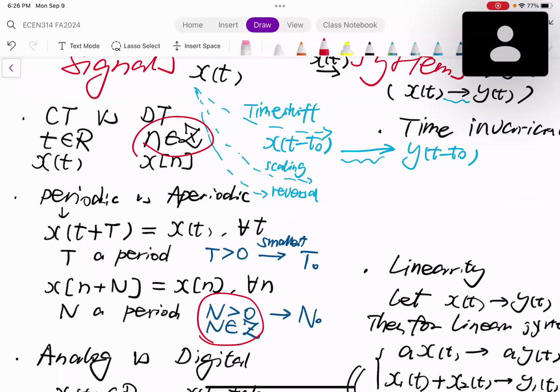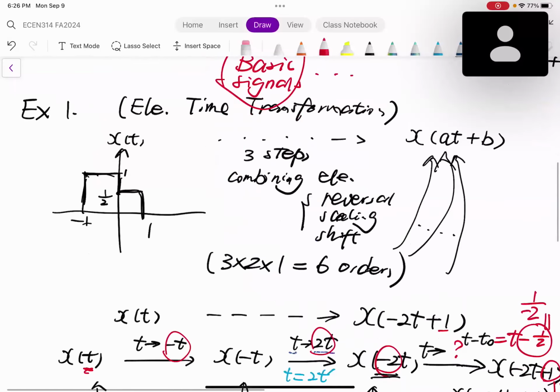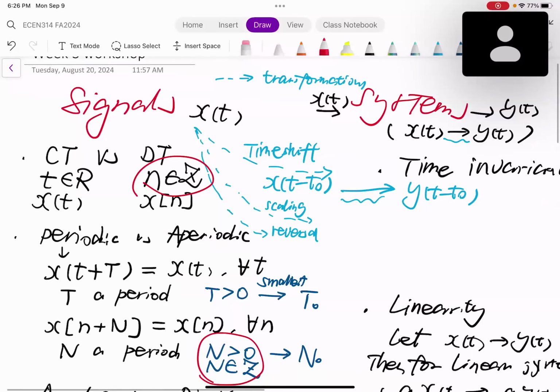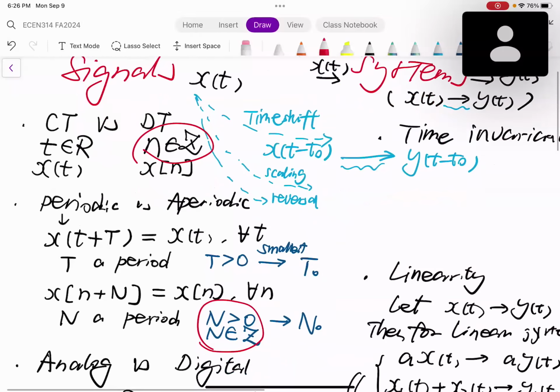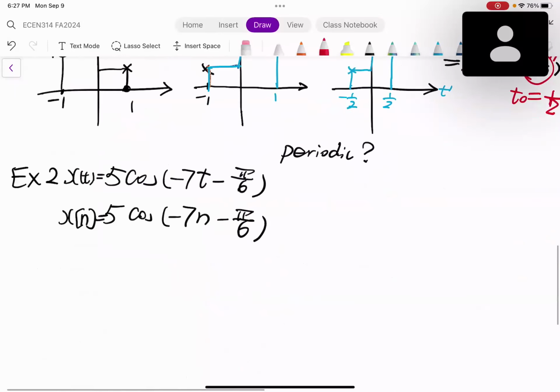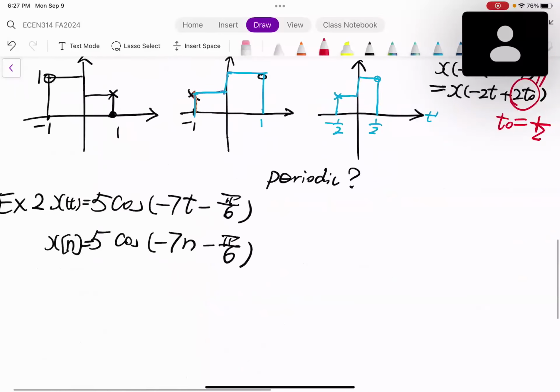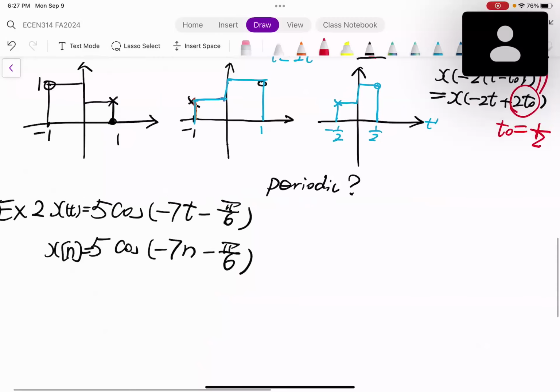One thing to keep in mind: in the case of discrete time, we're not just changing the notation from t to n. We seriously mean that the time is now discrete. We are sampling the signal at discrete times, not recording the signal over continuous time anymore. So in the first case, it is indeed periodic.